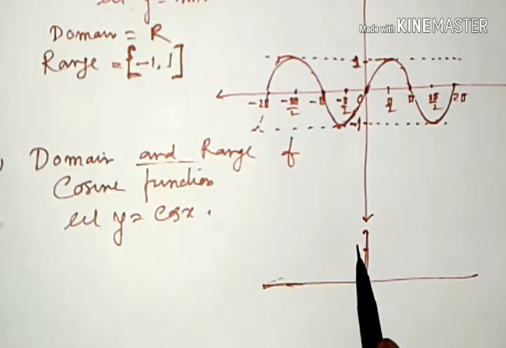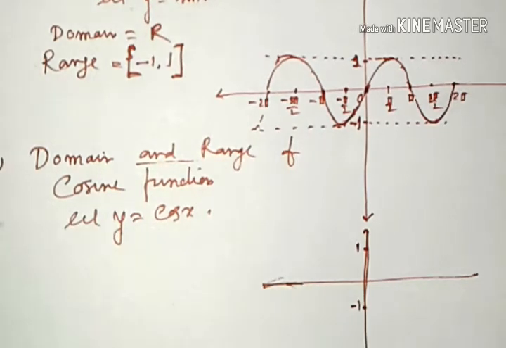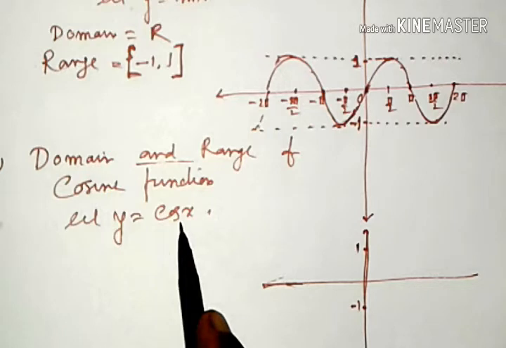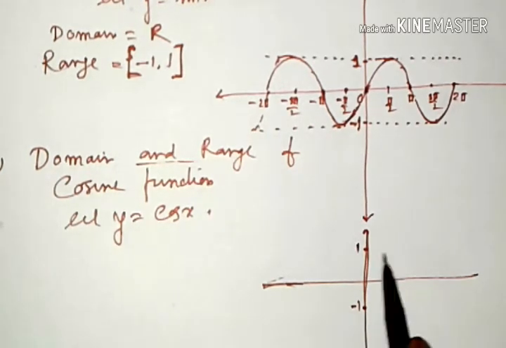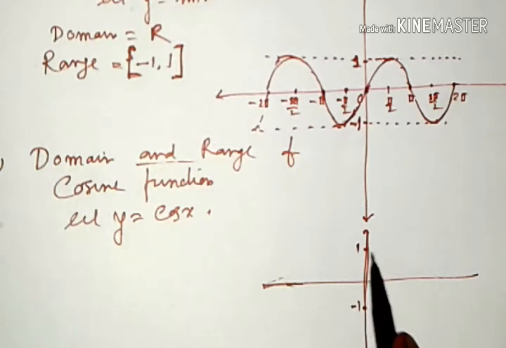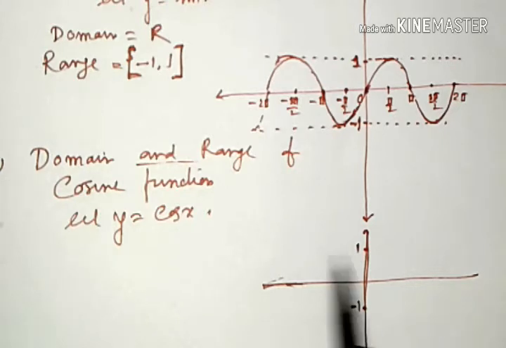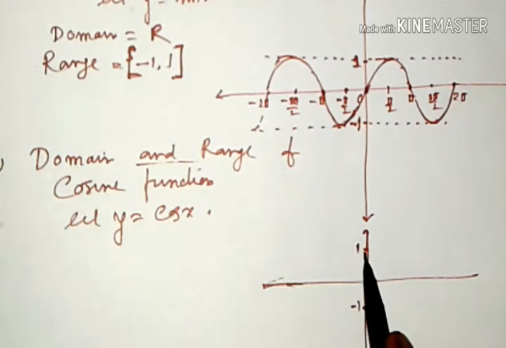Here this is 1, this is minus 1. If we put the values of x and the corresponding values of y, we see that the graph of the cosine function also oscillates in between 1 and minus 1.